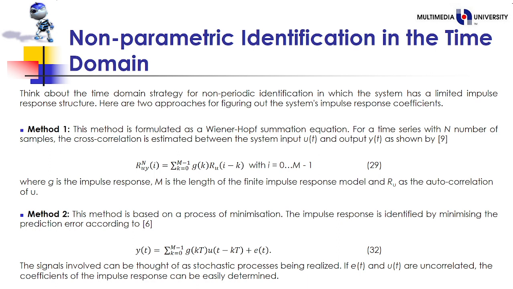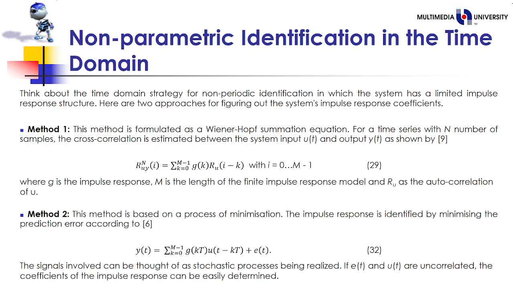This method is formulated as a Wiener-Hopf equation for a time series with N number of samples: the cross correlation estimate between the system input u(t) and the output y(t) as shown in equation 29, where g is the impulse response, m is the length of the finite impulse response model, and Ru is the autocorrelation of u.